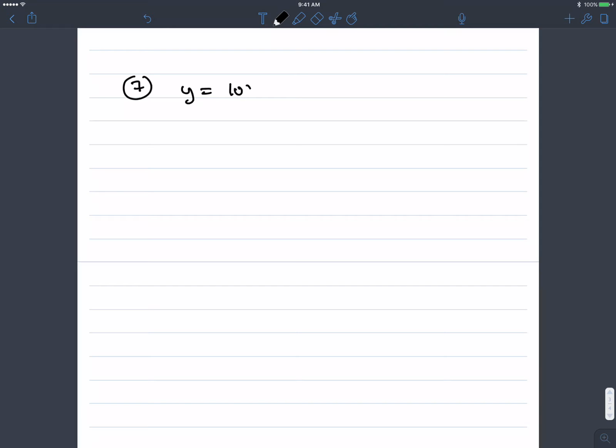Number 7, if you wanted some details here: y equals log base e of x, which is also known as the natural log. e is your exponential number, which is approximately 2.718. So we're really not going to sketch this curve appropriately.